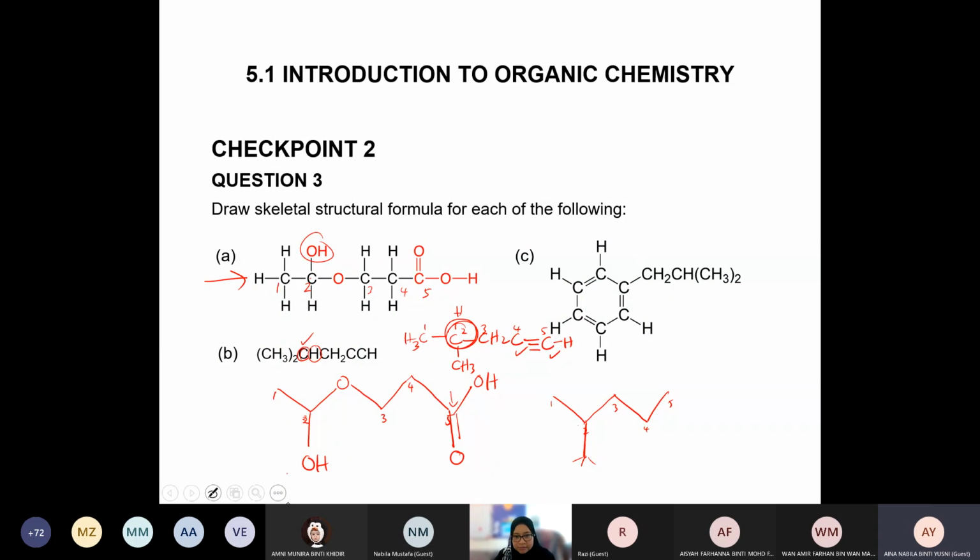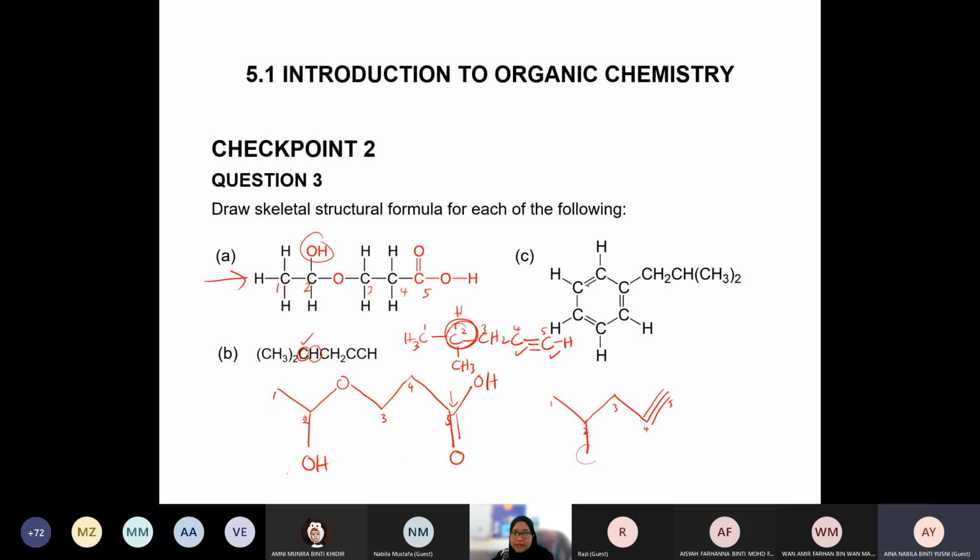Then next, we have a triple bond, 1, 2, 3. So this is the triple bond. Done for B.